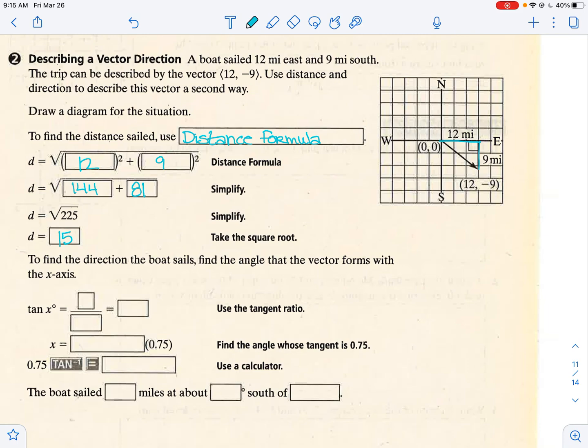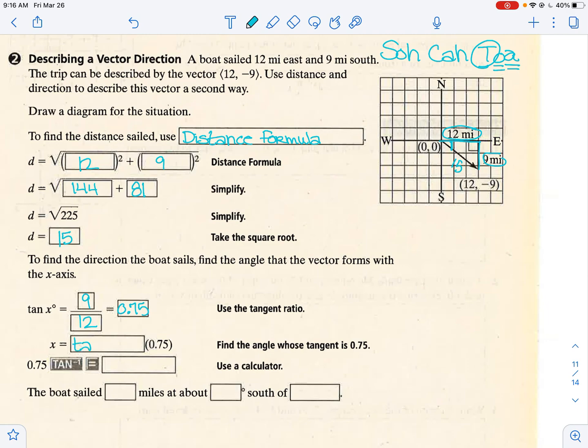So now we know the distance. The hypotenuse here is 15, okay? But we need to figure out the angle that it traveled at. So we were given adjacent and opposite. If we look at SOHCAHTOA, adjacent and opposite means we need to use tangent. So the tangent of x, because we're trying to find the angle, is opposite 9 over adjacent 12, which is 0.75.